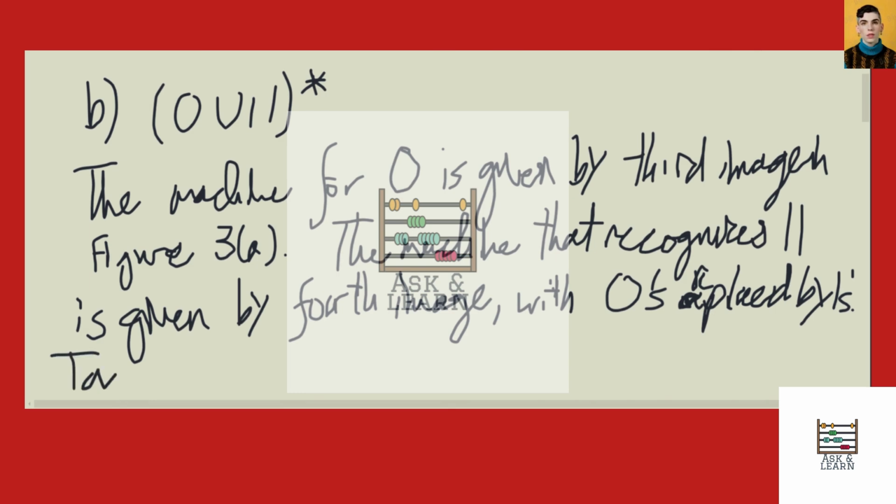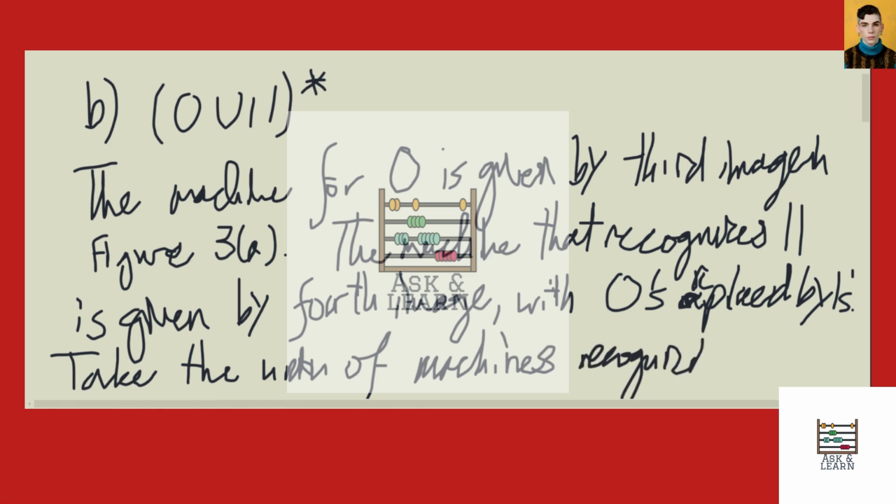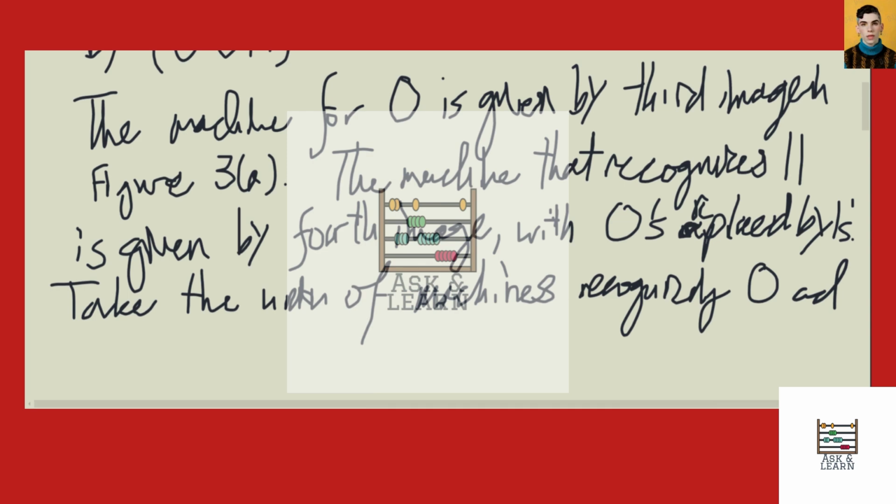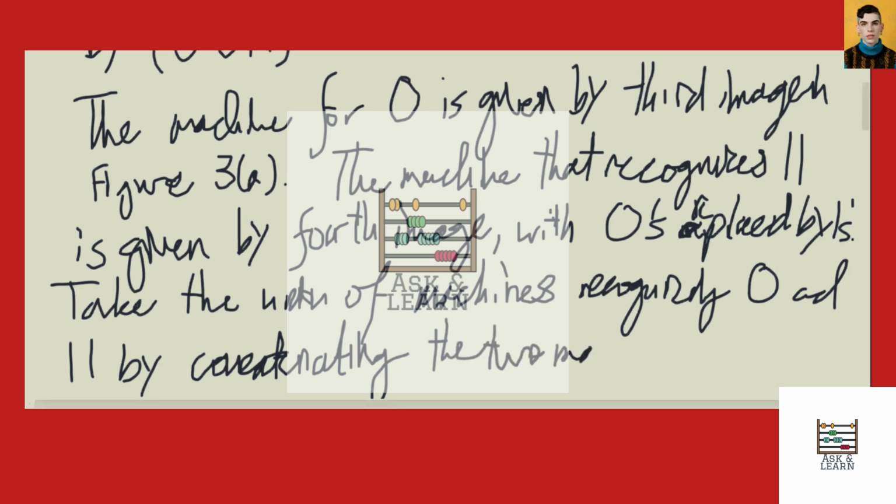So we're going to take the union of machines recognizing 0 and 1 1 by connecting the two machines to the same new start state.